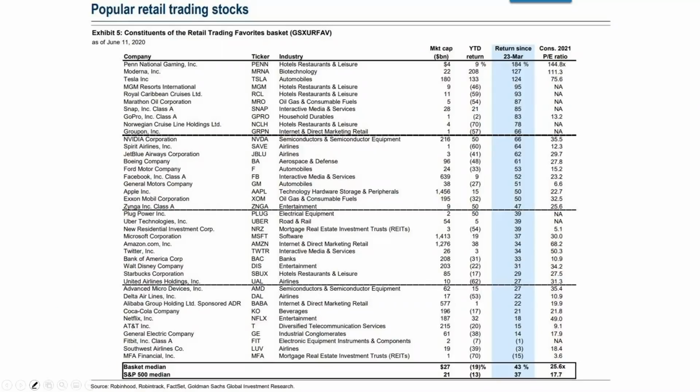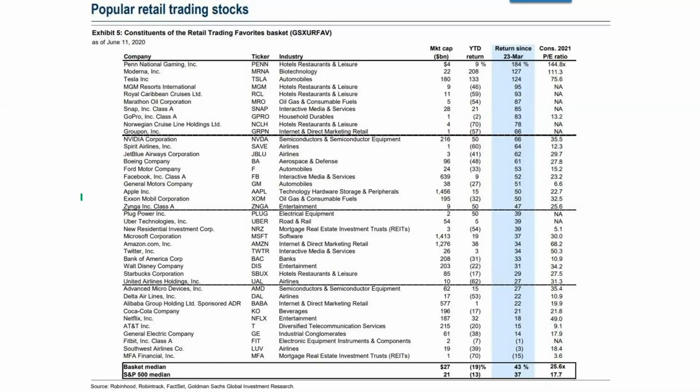Now, here is an interesting list of stocks. The source is Robinhood, and this data, which is compiled for different institutions, is the stocks that are being traded in large quantities by retail.